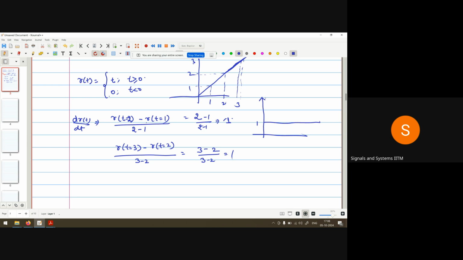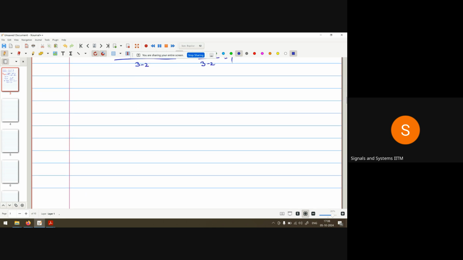And this signal is what? Step signal. So it becomes u of t. So I can say that d by dt of r of t is equal to u of t.